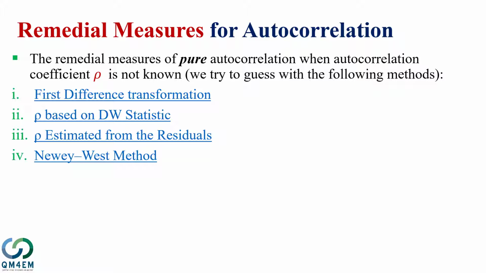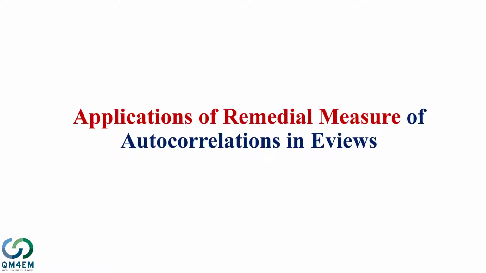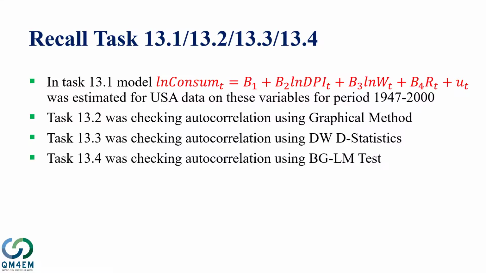These two methods were discussed in detail in a previous lecture, so I'm not going to spend more time on them. We also discussed the Newey-West method in the previous lecture. So today I will be more focused on the application side. In fact, it's a continuation of the previous lecture, so I will be discussing the application of these methods in solving the problem of autocorrelation.